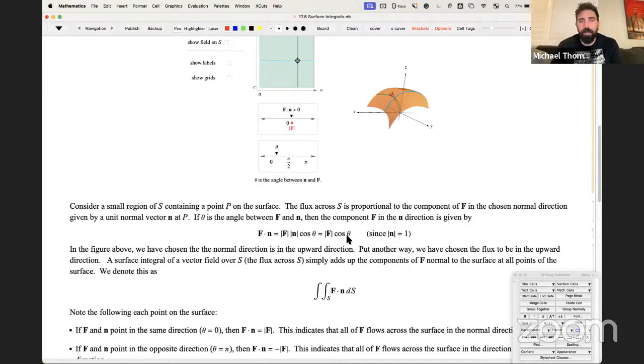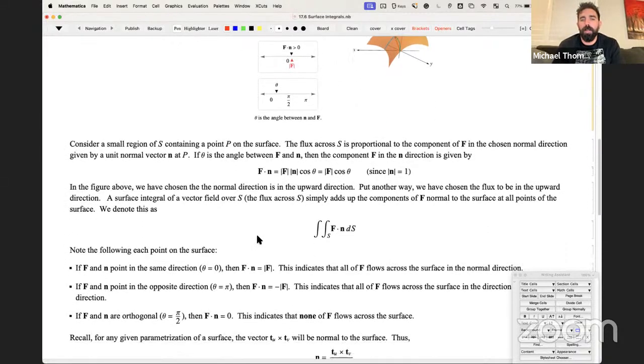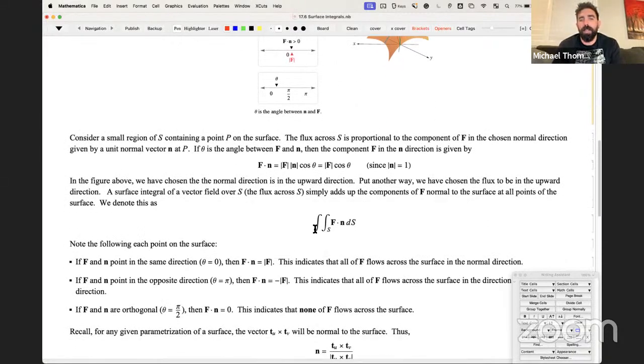Okay, so essentially what we're going to do is take all of these components of F in the normal direction, which we could write this way, right? And we're going to just add them all up across the whole surface. So that's what an integral is, right? It's just adding up a bunch of things. So since we're adding it up over the surface, we'll use a surface integral.